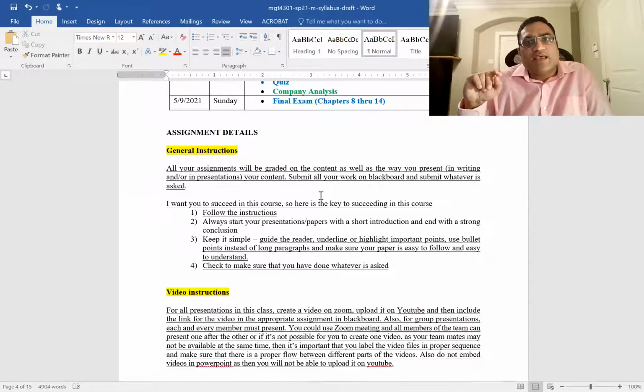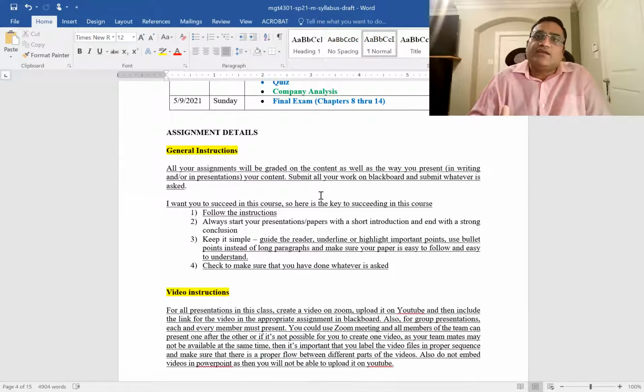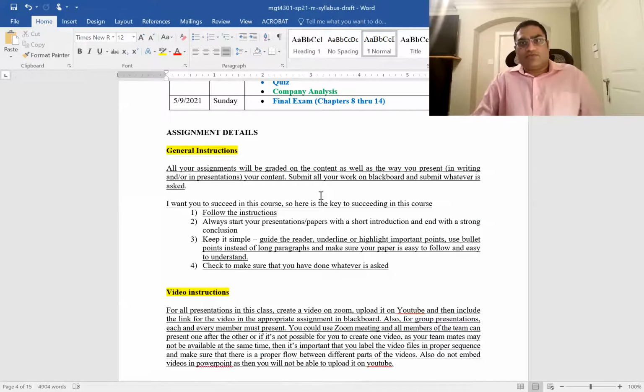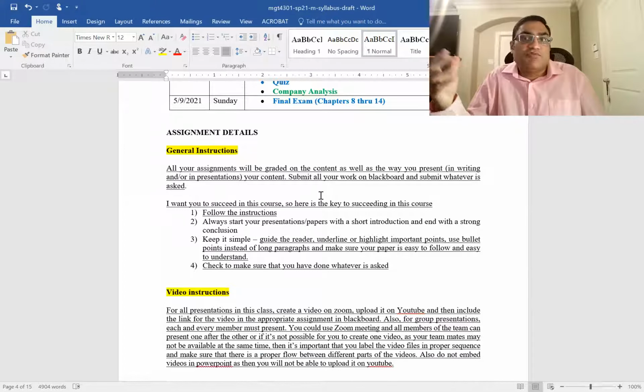People will pay attention to what you have in bold, underlined, highlighted. That is a good way to guide the reader. Otherwise, people get bored, they will not read it, and they will not follow what you want them to do. In a class setting, the professor gets annoyed, and even if your paper might be the best, since it's not properly marked, you may not get good points.